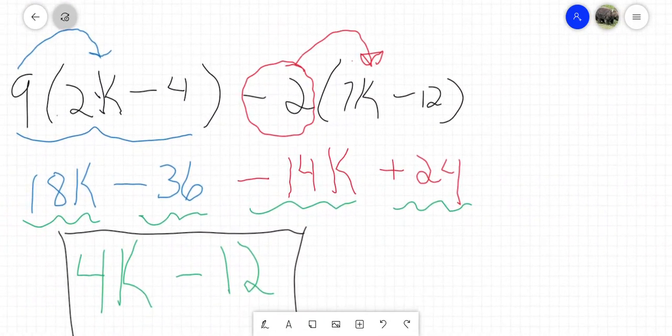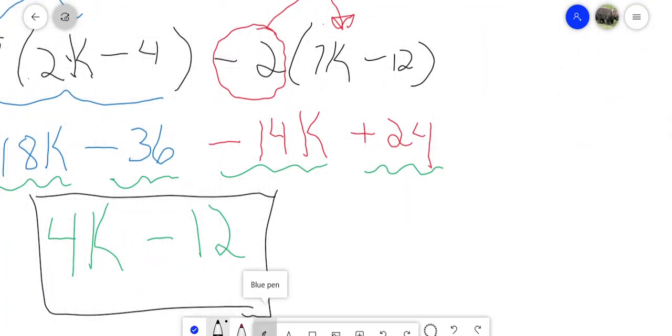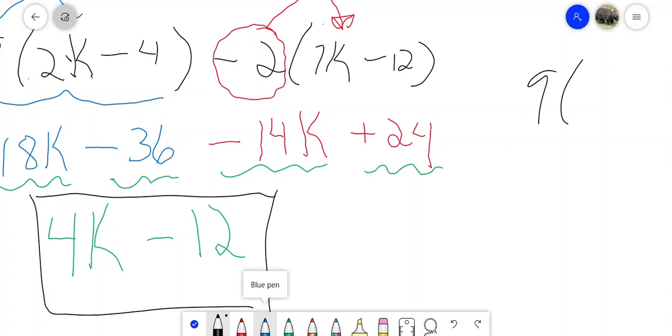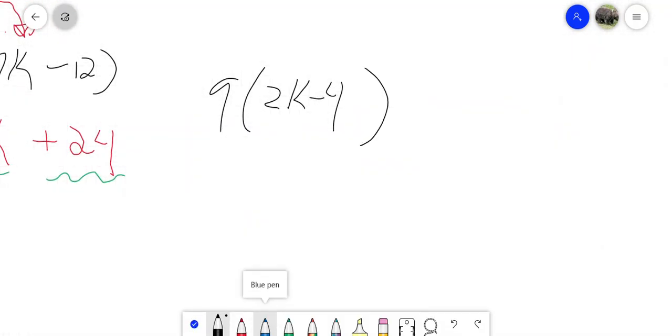I'm going to redo this problem. I'm going to do it a little bit differently though. You can think of it like this. We had 9 times 2k minus 4, minus 2 times 7k minus 12.